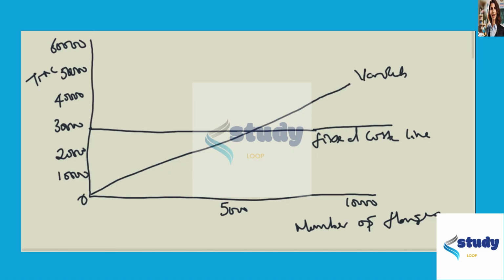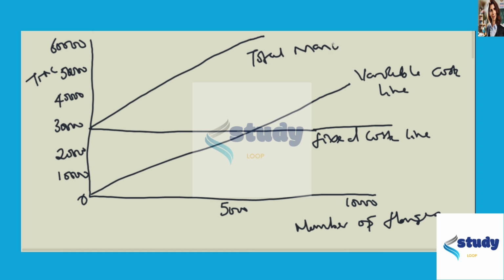And this is the variable cost line. While the total manufacturing cost line would go like this. And it is the total manufacturing cost line. So this is what the graph should look like.